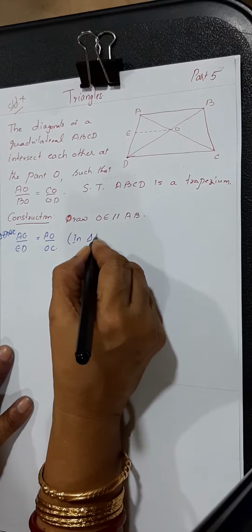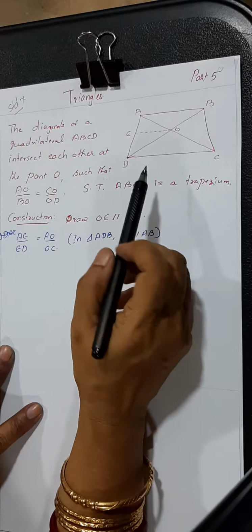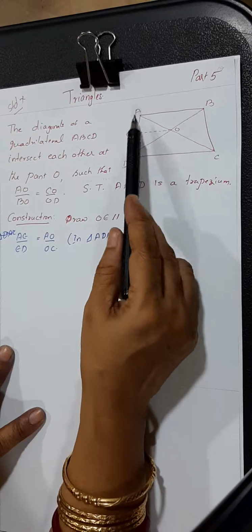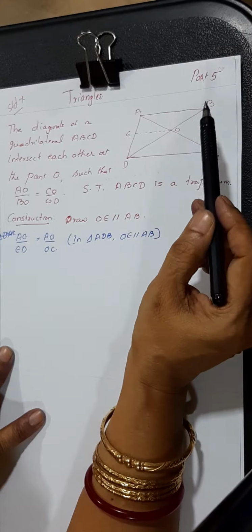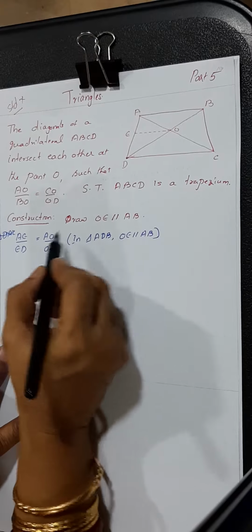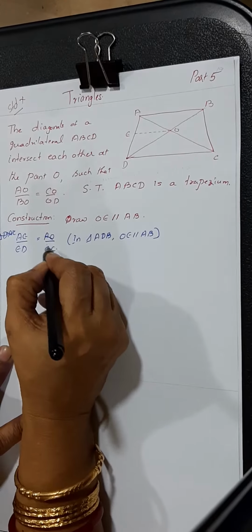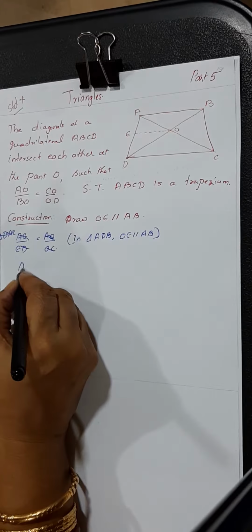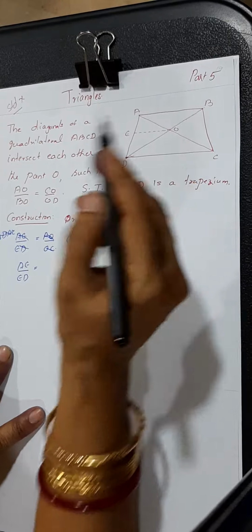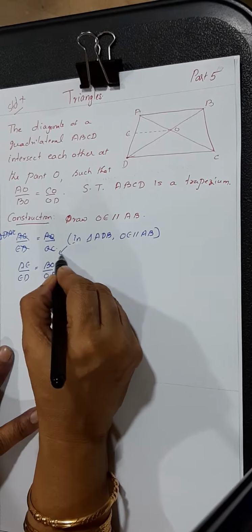In triangle ADB, OE is parallel to AB, so AE by ED is equal to BO by OD. That is in triangle ADB.